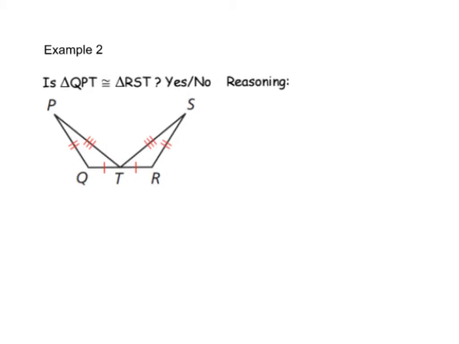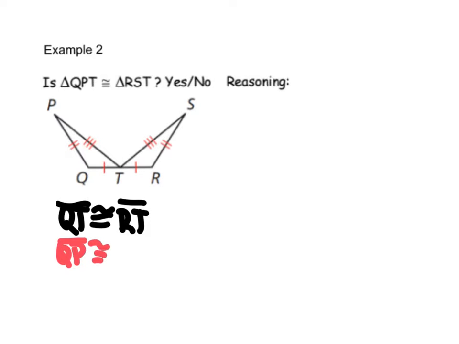Now, example 2 is asking, is triangle QPT, this triangle here, congruent to triangle RST? Yes or no, and what's our reasoning? Well, let's see here. We can see that QT is congruent to RT. We can see that QP is congruent to RS.